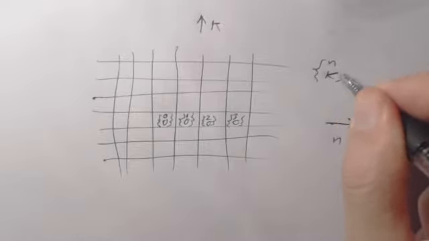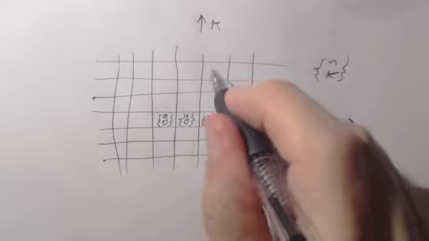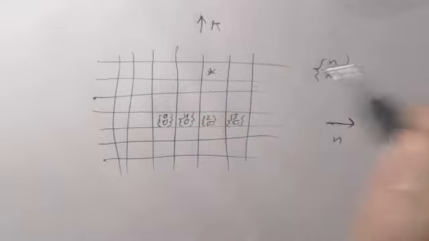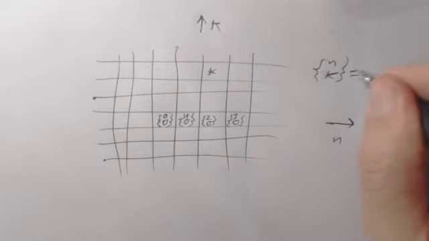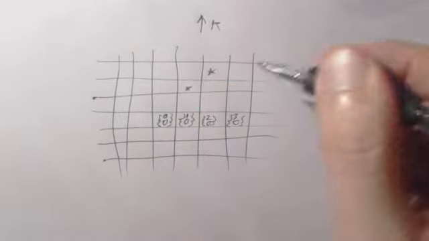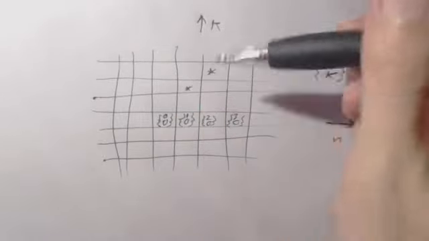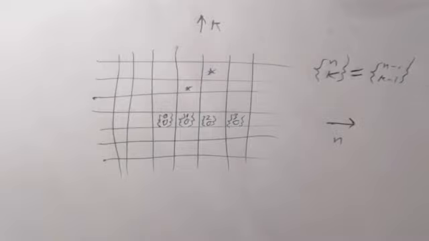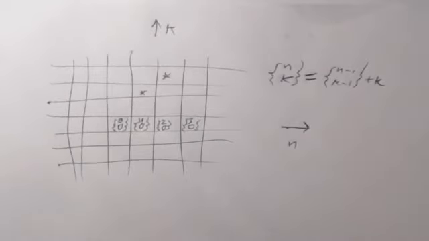{n, k}. So say this was {n, k} equals {n-1, k-1}. If that was {n, k}, that would correspond to this one. So subtracting one of the n's and subtracting one of the k's, plus k times {n-1, k}.